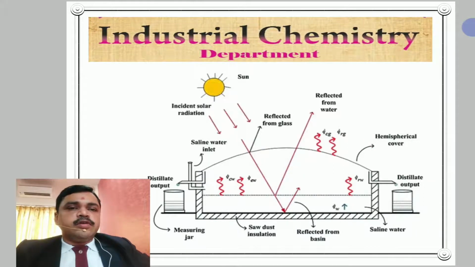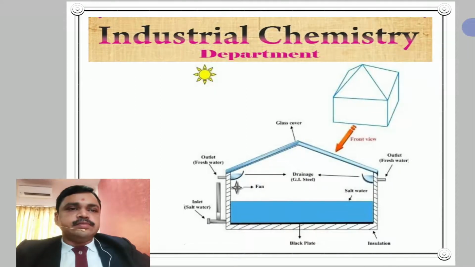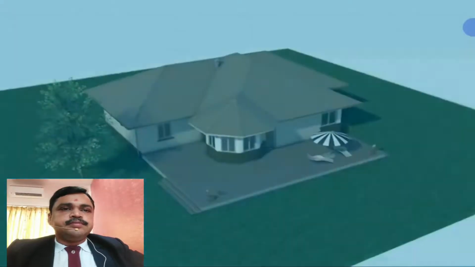This is also one type of distillation still, which also gives very good efficiency, with 25% of the distillation. This is also one type of thermal application through water distillation.